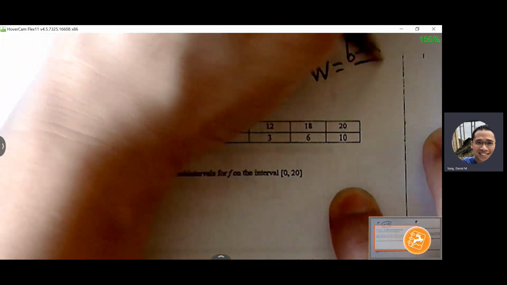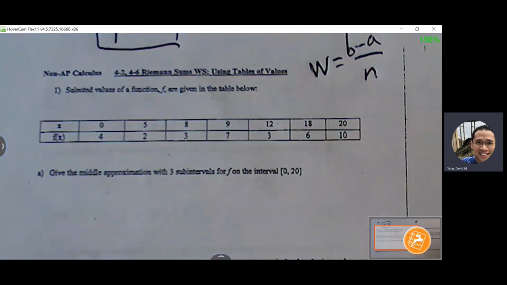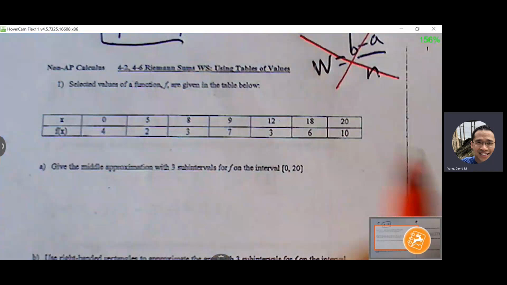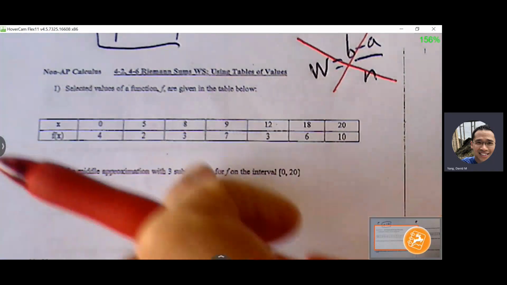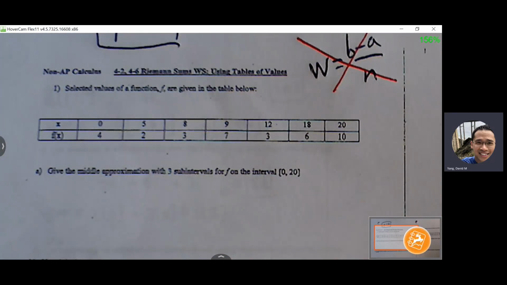This b minus a over n is for if you're just given a function and you're not given a table. I see a lot of students try to force b minus a over n for this, but each of the subintervals will most likely be different, and we're going to rely on a different set of properties to help us get our width.